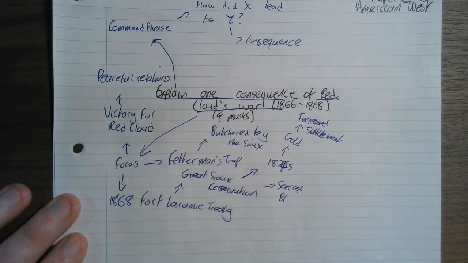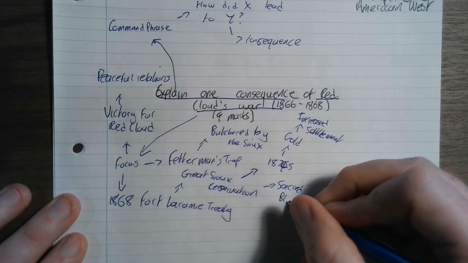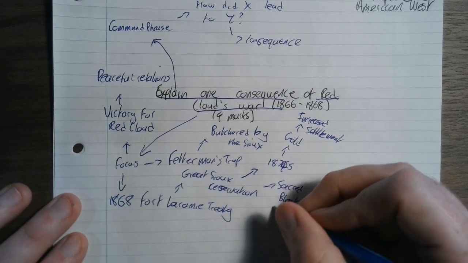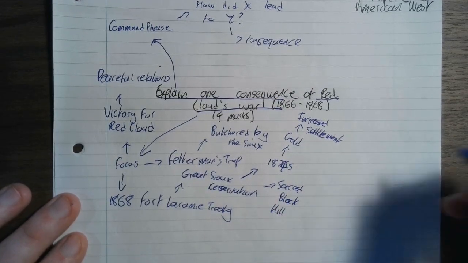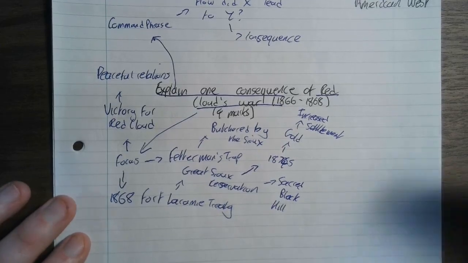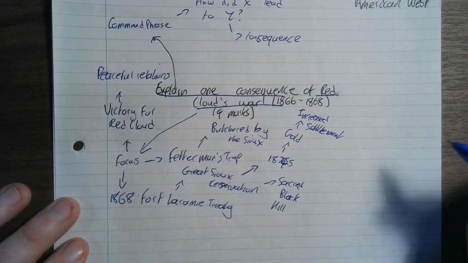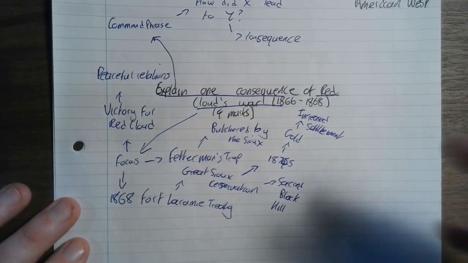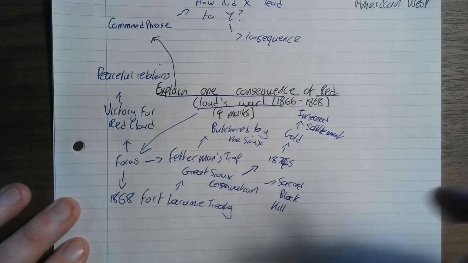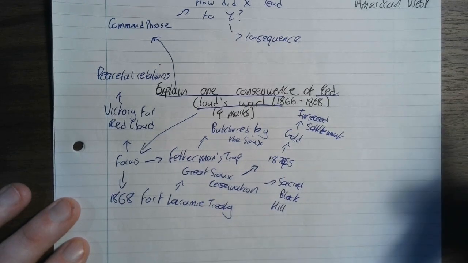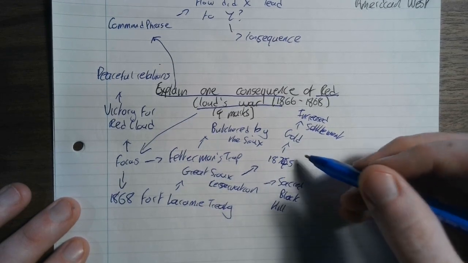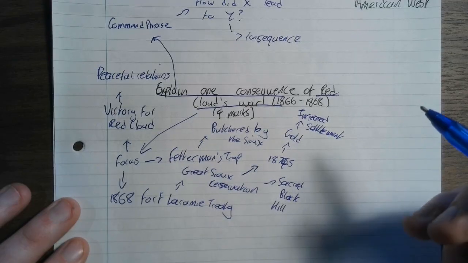And the Great Sioux Reservation has the sacred Black Hills. This, supposedly, is where the Indians believe Wakantanka, the great spirits, live. And remember, the Indians really value and respect land and nature. So they're going to be really upset by gold miners coming in and digging up the land.